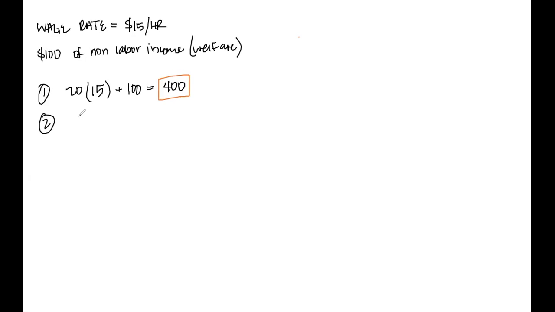So when they say fixed costs, they're going to be independent of the number of hours working. So starting with this equation, she's going to have to incur fixed costs of $25 a week. So I'm going to start off with minus 25.